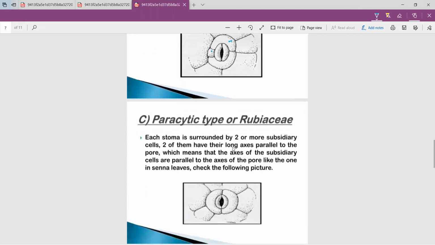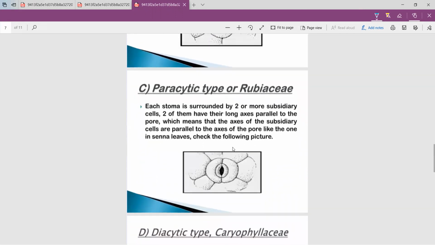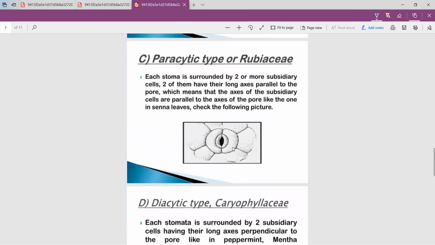Next one is the paracytic type, of rubiaceae. Here each stomata is surrounded by 2 or more subsidiary cells, and 2 of them have their long axis parallel to the pore, which means the axis of the subsidiary cells is parallel to the axis of the pore, like the one in senna leaves.